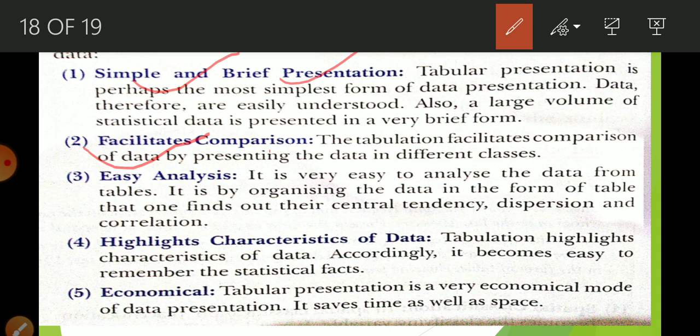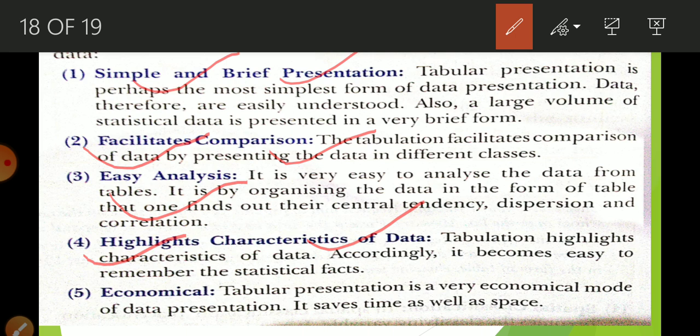It facilitates comparison. Obviously, if you want to compare the income of two families or two countries, tabular presentation is the best way. Okay, easy analysis. Obviously, with the help of tabulation, analysis becomes easier. Now it highlights characteristics of the data, like your school timetable or your present absent record.